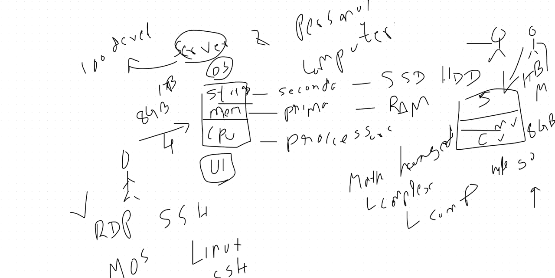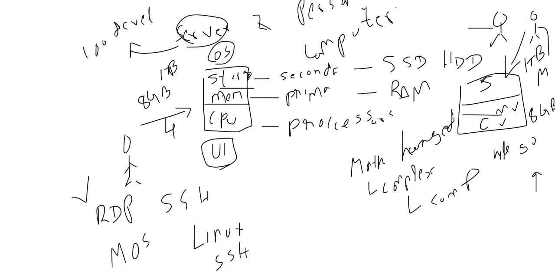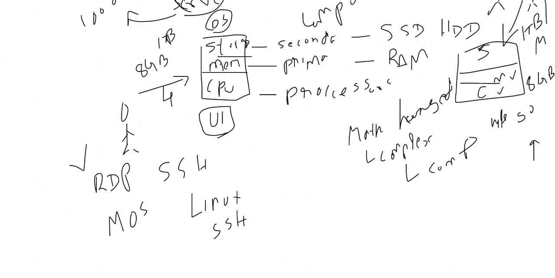And Linux is a powerful machine compared to Windows, and you can see in the current market, in any organization, they are going to deploy their applications onto the Linux operating system.